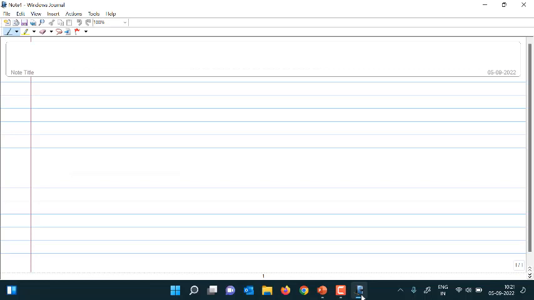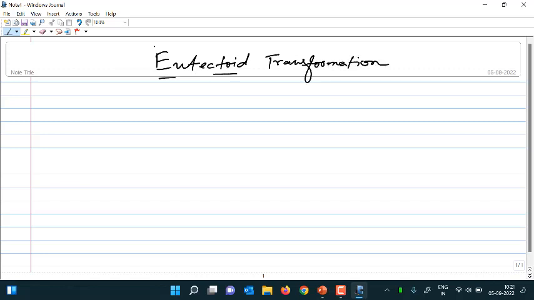All right. So what we are talking about here is this eutectoid transformation, where the austenite phase is transforming into two new solids, ferrite and cementite.